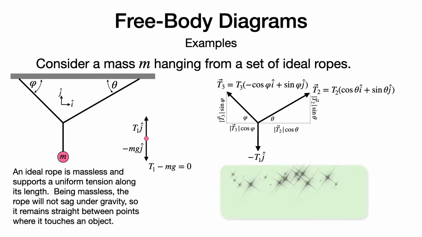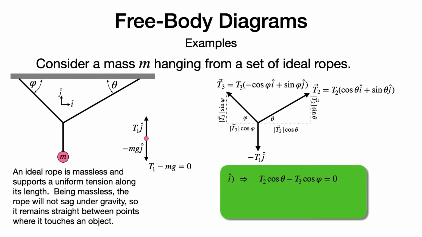And now, if we write down Newton's laws for, first of all, the horizontal direction for this diagram, we're going to find that T2 cosine theta minus T3 cosine phi is equal to 0. In the j hat direction, we have minus T1 plus T2 sine theta plus T3 sine phi is equal to 0.